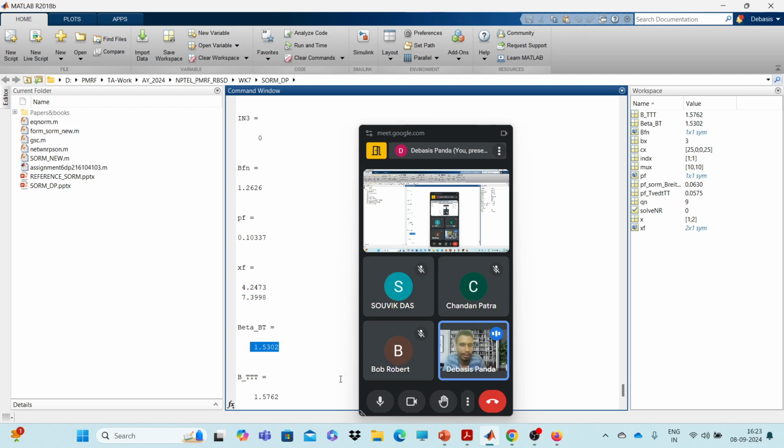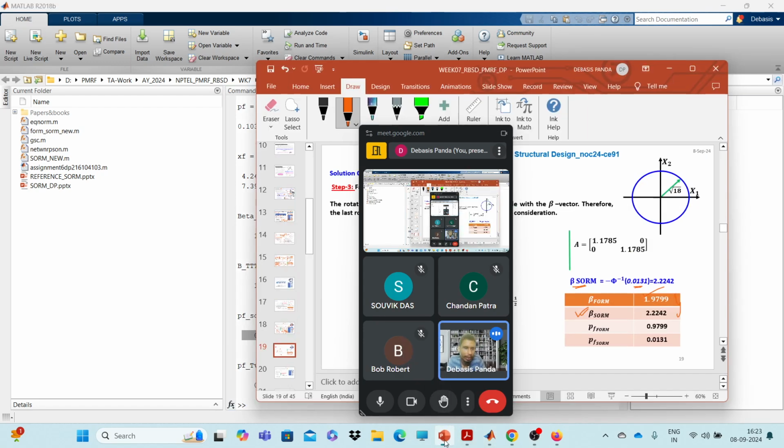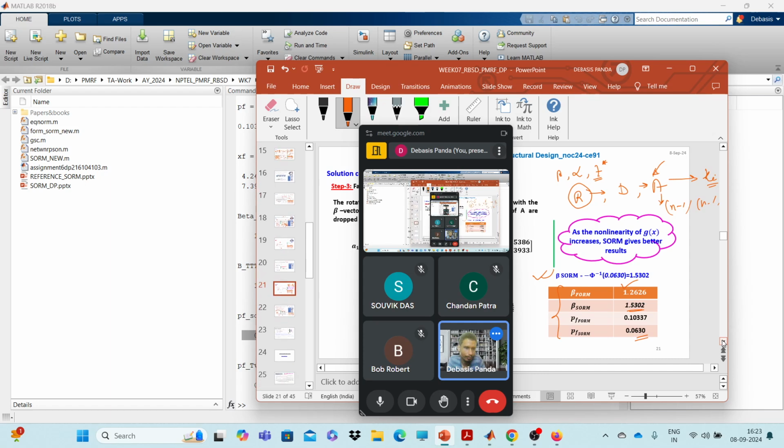And simultaneously the pf will change. Obviously, if the beta value increases, the probability of failure will decrease, and we can see the probability of failure has decreased. Here, look at this. That means if the nonlinearity increases, SORM will give you better results.